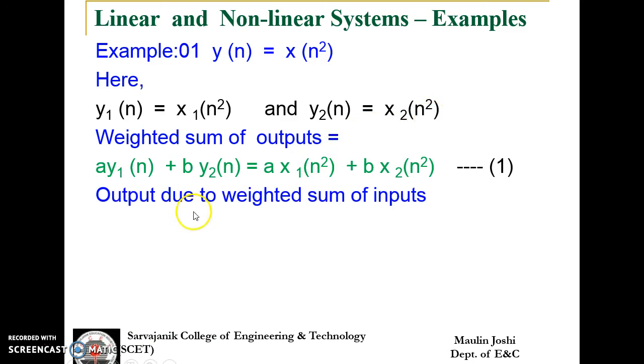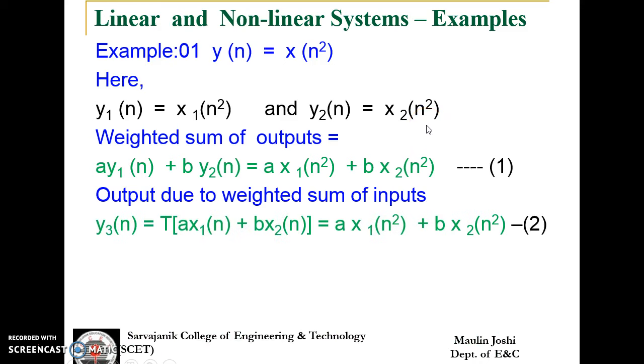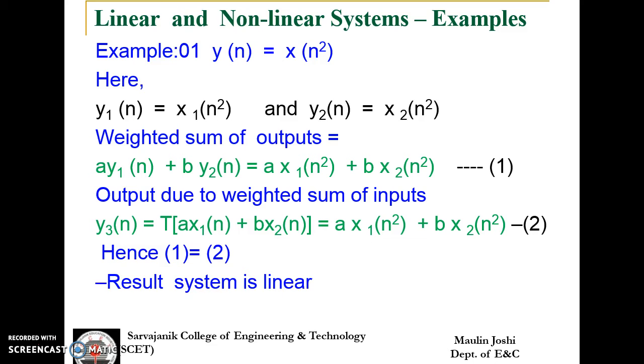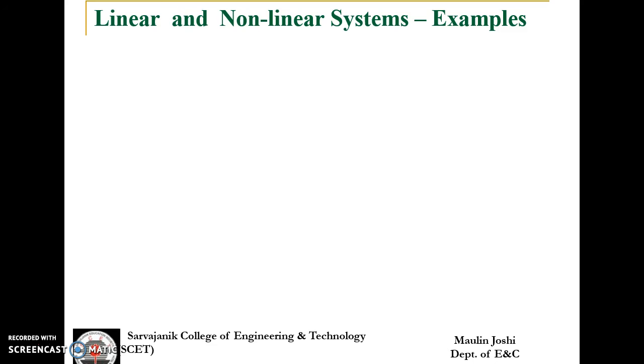If we take the output due to the weighted sum of the inputs, that is, this is one input and this is the other input, that means the transformation of a times x1[n] plus b times x2[n] is a times x1[n] square plus b times x2[n] square. We can easily see that both the results are equal. Hence, 1 is equal to 2. So we can say that the system is linear.